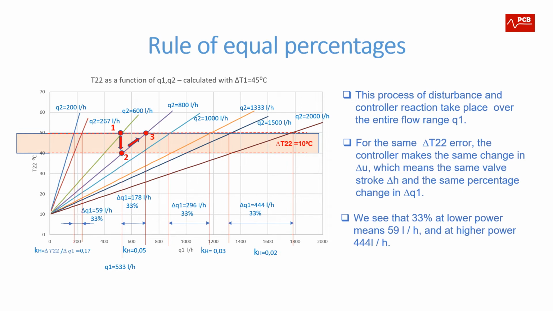We see that the percentages are the same, but we need more and more change of primary flow in order to eliminate an error of 10 degrees, which means that the gain of the heat exchanger is decreasing.